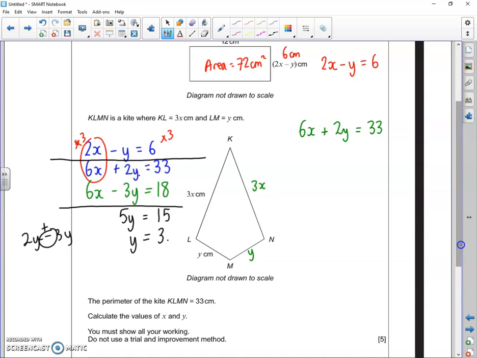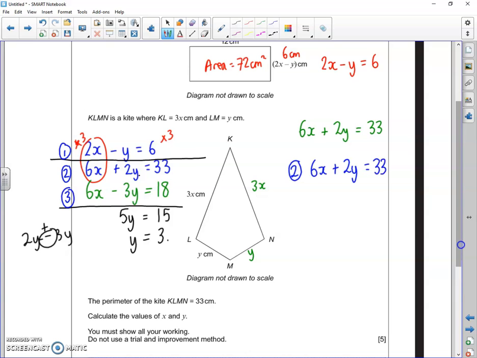And we're halfway there. Now we've got to substitute that back into one of our equations. You can substitute it into either of the blue ones, it doesn't really matter. If I label them 1, 2, 3, and substitute it into number 2, for instance, equation 2 says that 6x plus 2y equals 33.